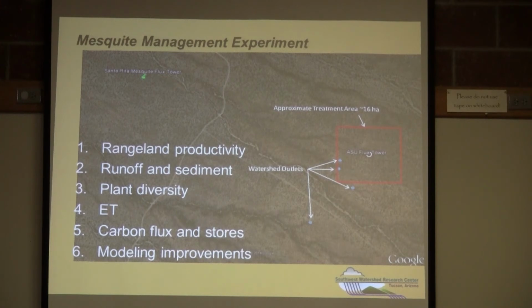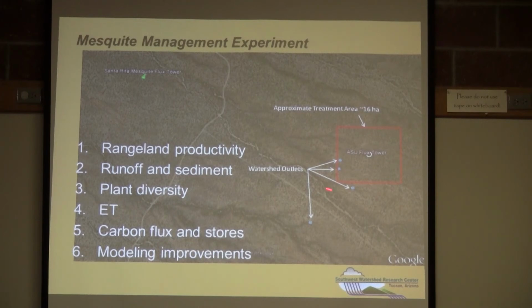So we are looking to do a little brush management experiment. That's been done a lot in the past in southern Arizona and throughout the West, but we hope to do it a little bit better this time. We have some long-term small watersheds at the Santa Rita Experimental Range, where we also have a flux tower nearby, operated by Arizona State University, the Santa Rita Mesquite flux towers right here.